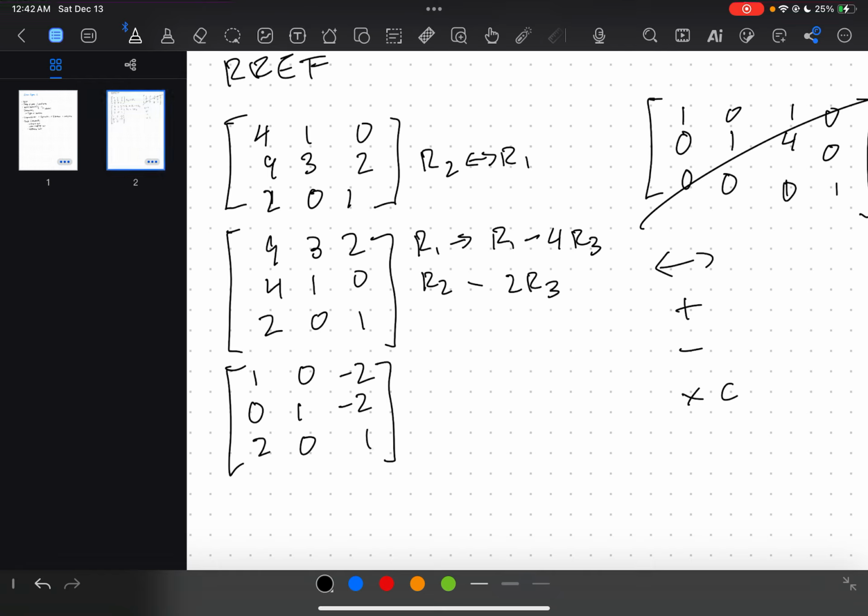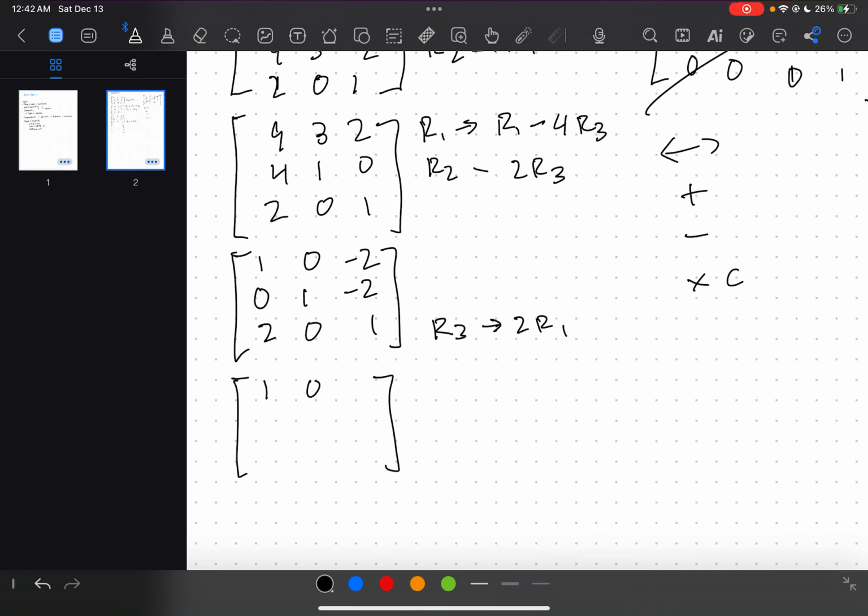And then R3 minus 2R1 becomes 0 minus, oh, zero. One minus 2 times 9 plus 4, 5.